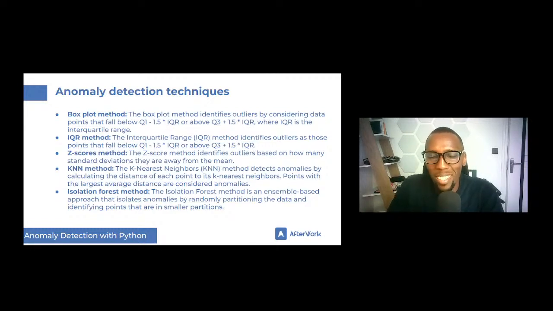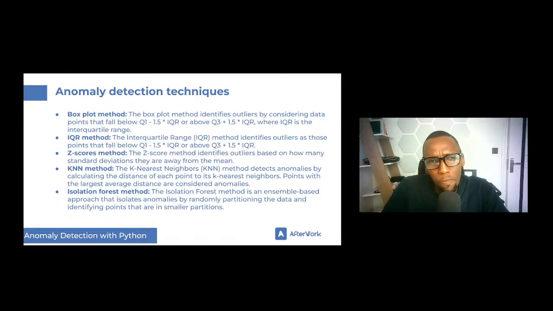So that's K nearest neighbors. If you have maybe two nearest neighbors or maybe three nearest neighbors, then you introduce another point which is representative of a record. K nearest neighbors would determine whether that particular point is an anomaly based on how far it is from those nearest neighbors.